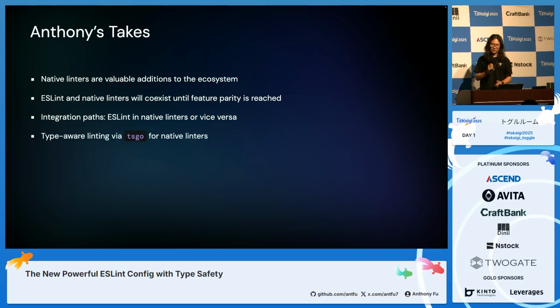Also, since type-aware linting is one of the biggest bottlenecks in terms of performance, the new TypeScript compiler, which they just released yesterday, is also impressive. I hope it can help native linters maintain good performance, even with type-aware linting.